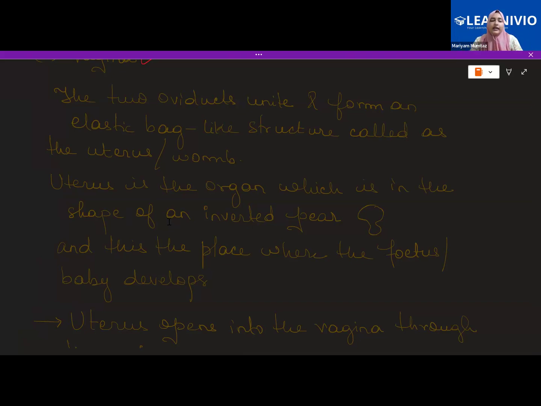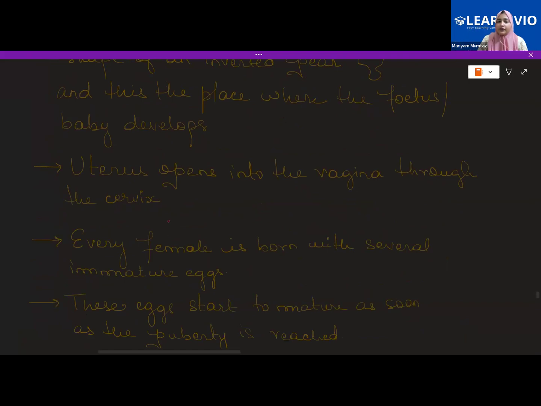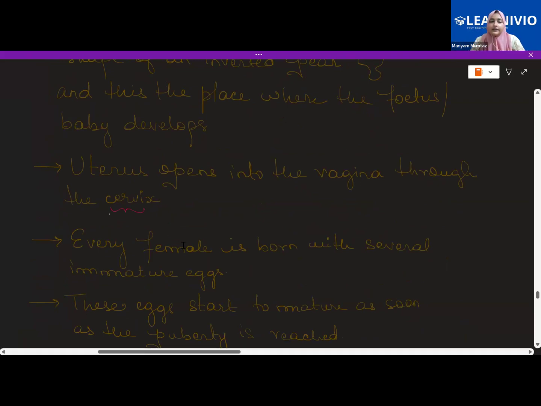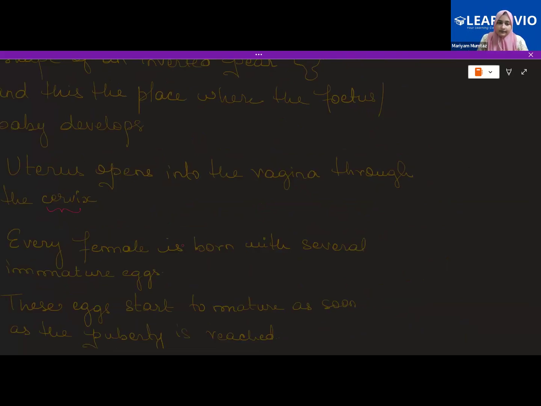Then the uterus opens into the vagina through the passage called the cervix. The canal of the cervix is called the cervical canal. Okay.